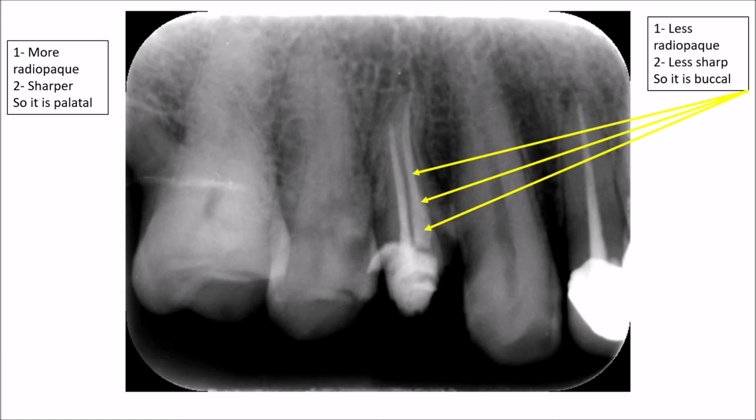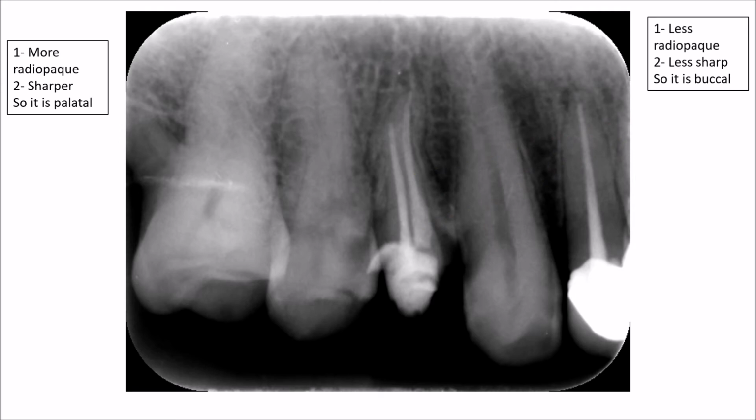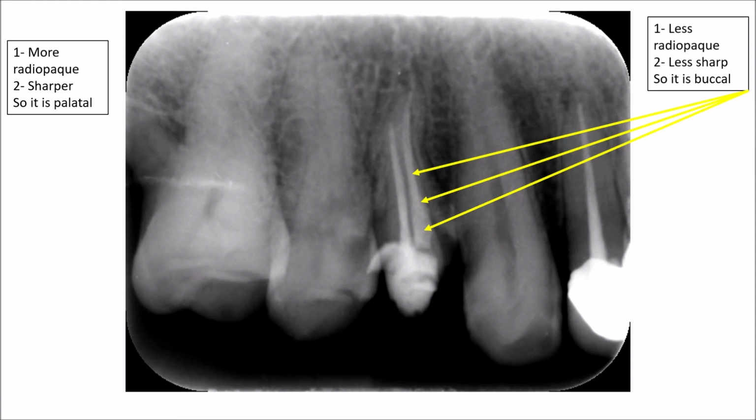But if the image of the object is similar, in terms of radiopacity and sharpness, to the nearby structures, it means that this image is located midway, or at the same level as the reference.